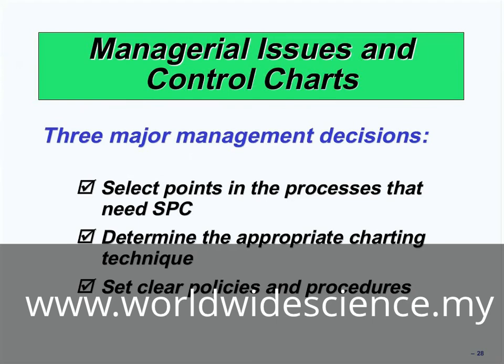Managerial issues and control charts. Make management decisions. Select points in the process that need SPC. Determine the appropriate charting technique. Set clear policies and procedures. It means that at first you should select the variable, the thing that you want to measure and monitor. For example, temperature, speed, number of defective, and something like this. After determining this, you should select the appropriate control chart.